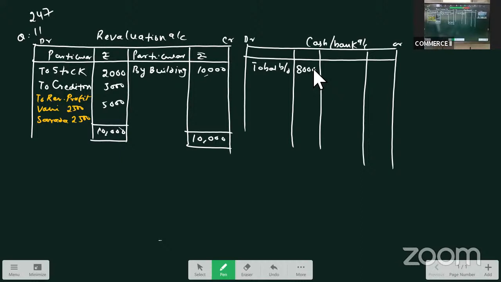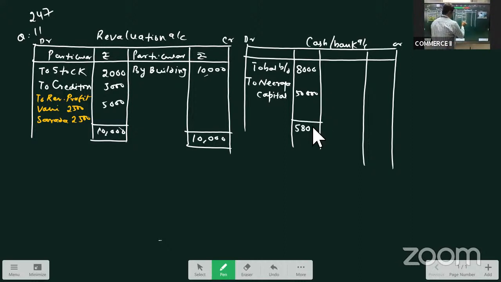Then Neeraja, the new partner, introduced capital of 50,000, to Neeraja's capital. Did she introduce goodwill in cash? No, she did not. So we had only an inflow of 50,000.